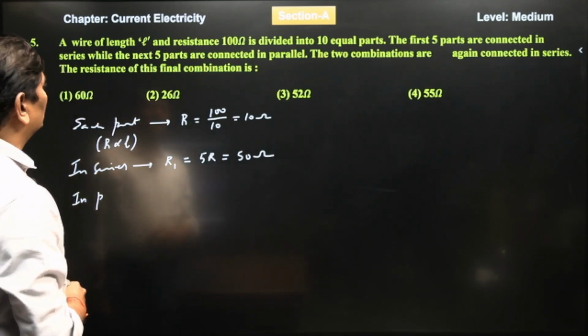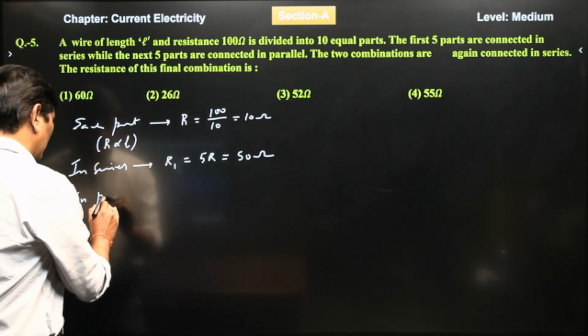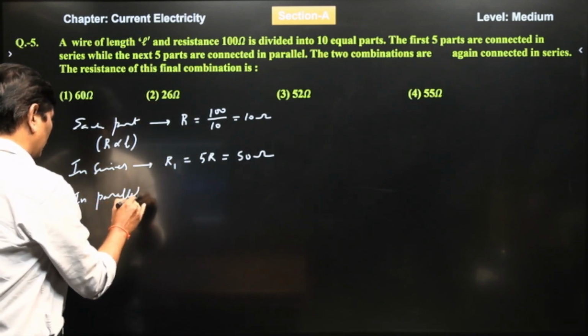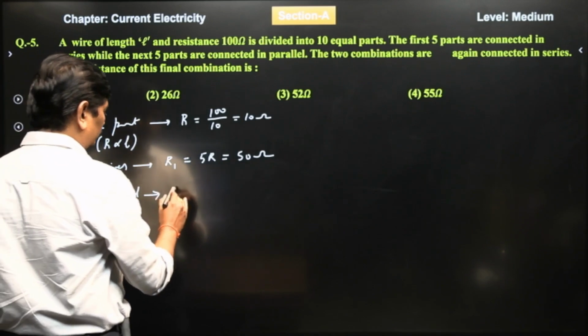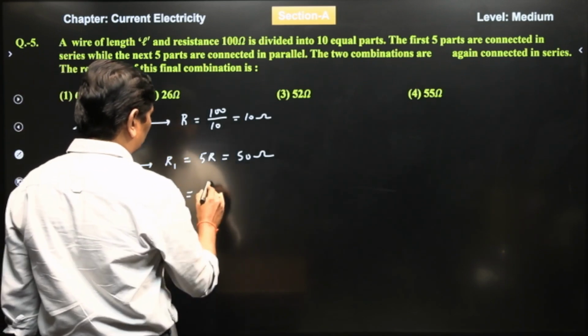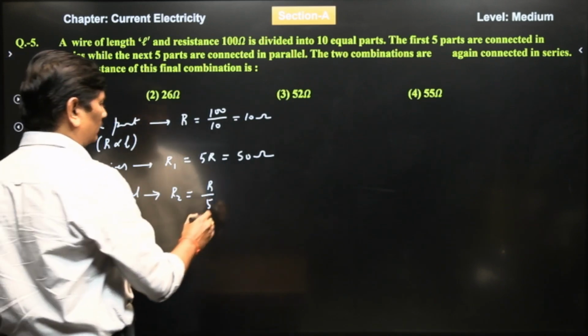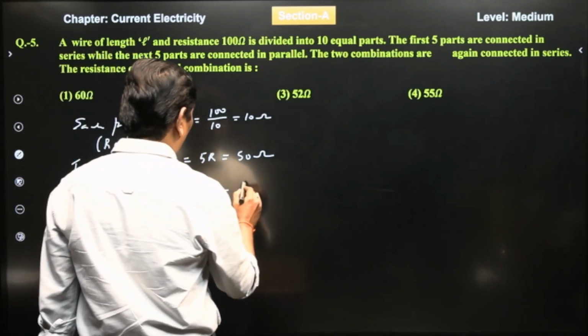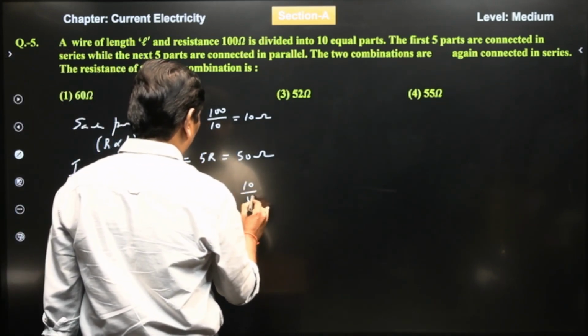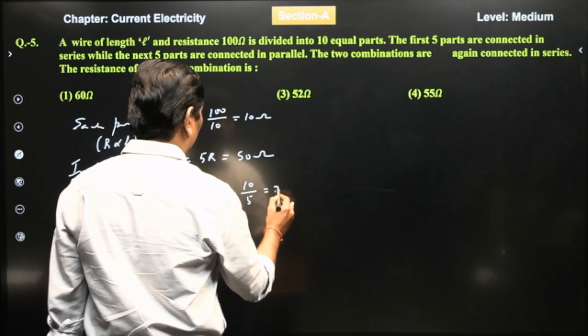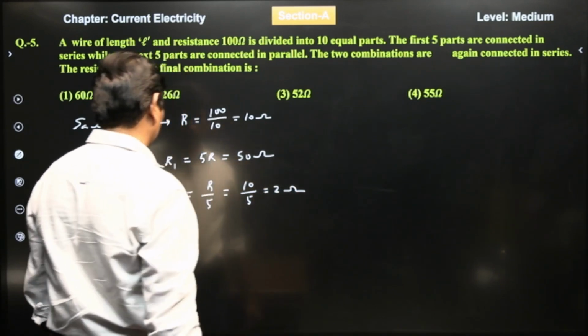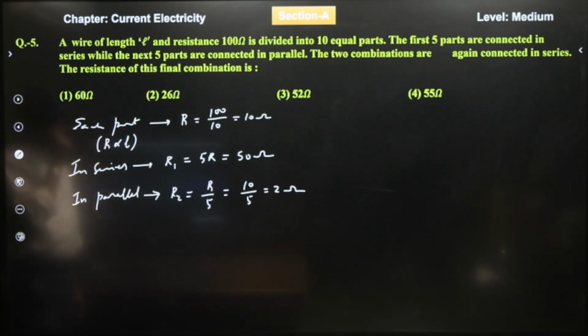Next, the remaining 5 parts are connected in parallel. So R2 in parallel means R by 5, because all the resistances are identical. It will be 10 divided by 5, so you get 2.